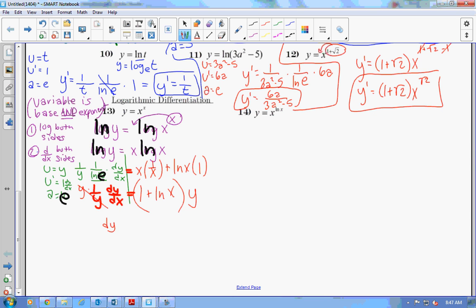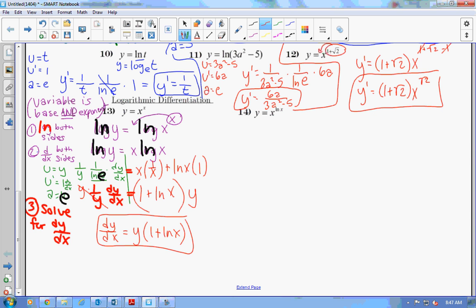We get dy/dx equals y times 1 plus natural log x, or you could put it through. Okay? So, step 1, natural log both sides. Step 2, derivative both sides. Step 3, solve for dy/dx.